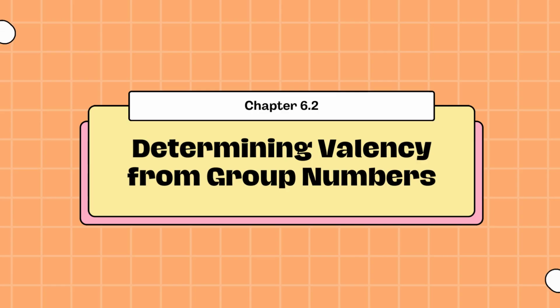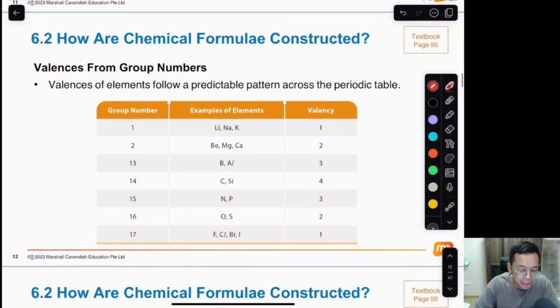So, valencies from group numbers. Instead of drawing out your atomic structure every single time you want to find the valency, quite simple, you can use the group numbers. Remember, in your periodic table, across you have group 1 to group 18.